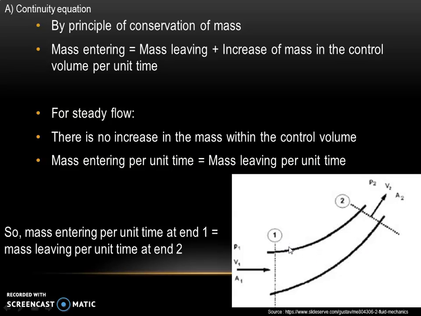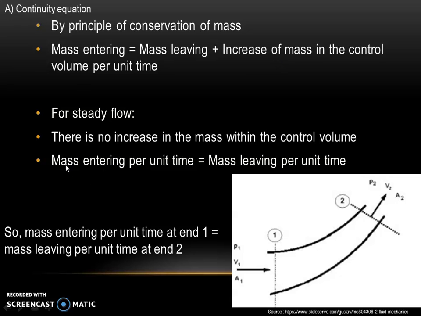That means at whatever instant of time we measure the parameters like density, pressure, etc., they would remain constant, they won't change. So for steady flow, there won't be any increase in the mass within the control volume. So this term won't be there for the steady flow.